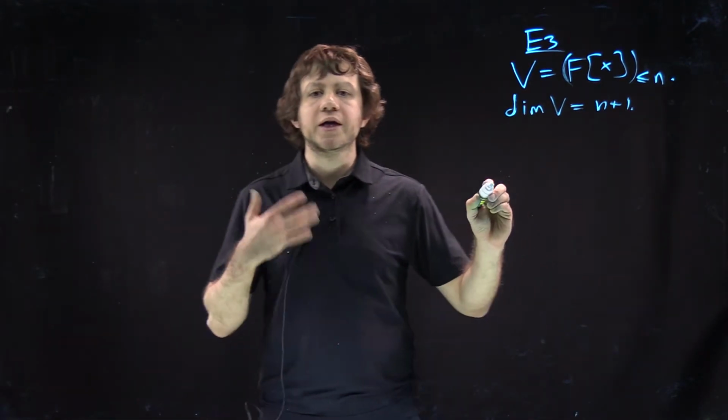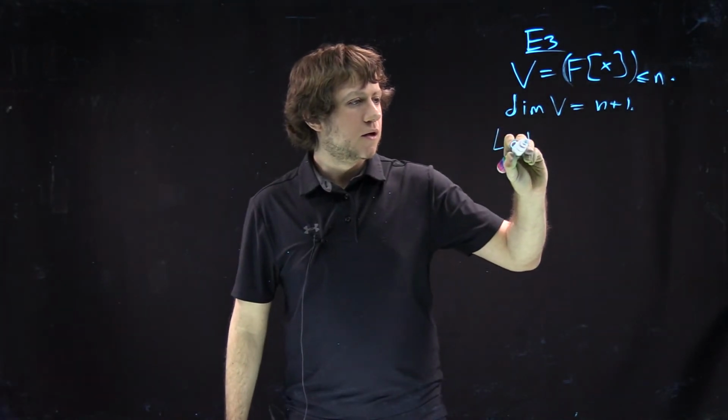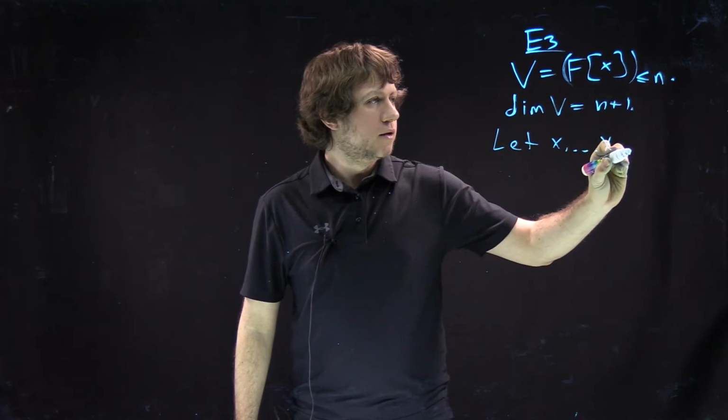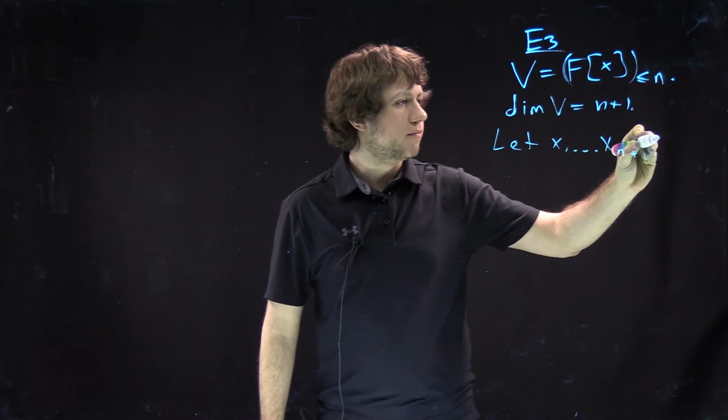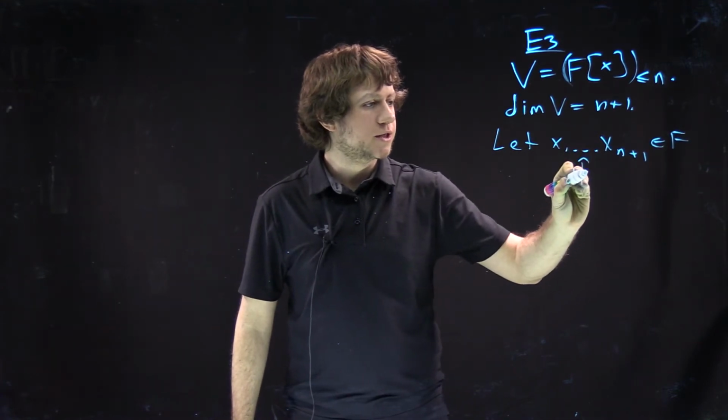And there exists a very natural basis of V star. Let x1 up to x_{n+1} be some distinct elements in F. So just all of them are distinct.